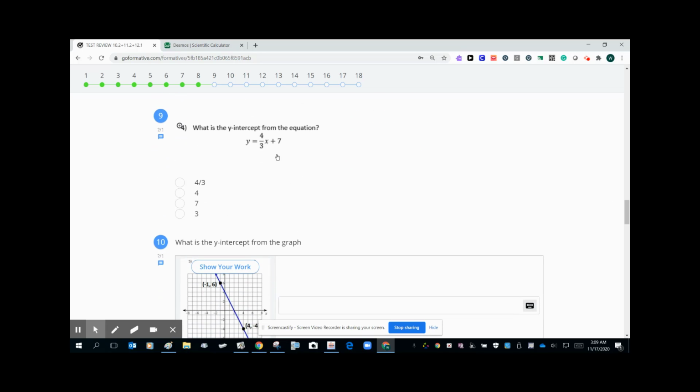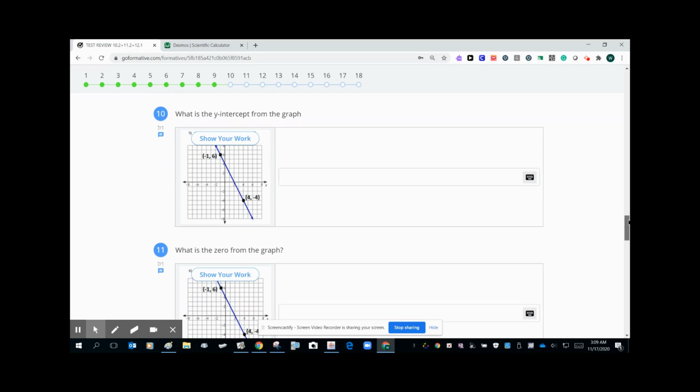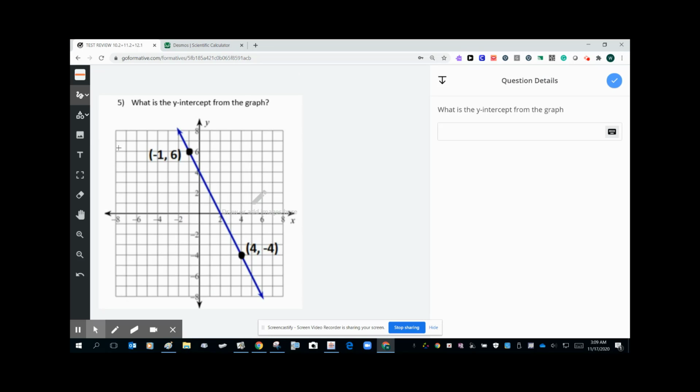Same thing happens with number 4. The y-intercept is the number without x, so this would be 7. Next one is asking for the y-intercept given a graph. So we know that the y-intercept is where the line touches the y-axis.